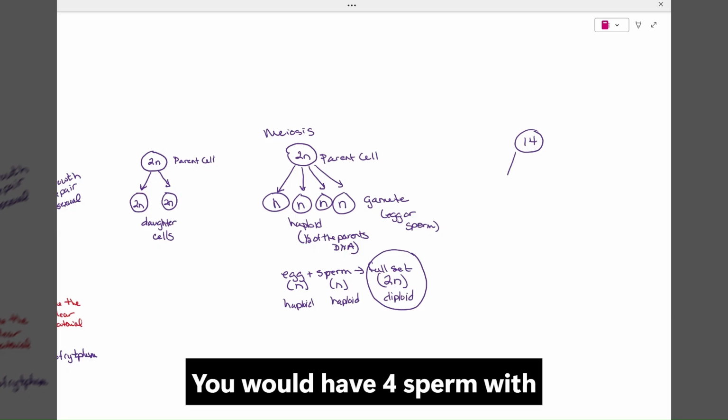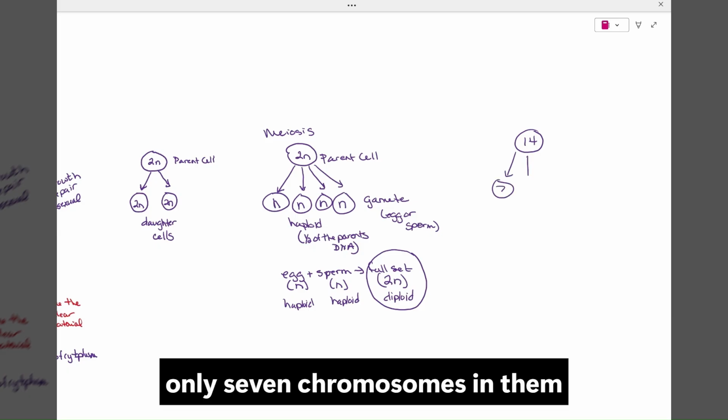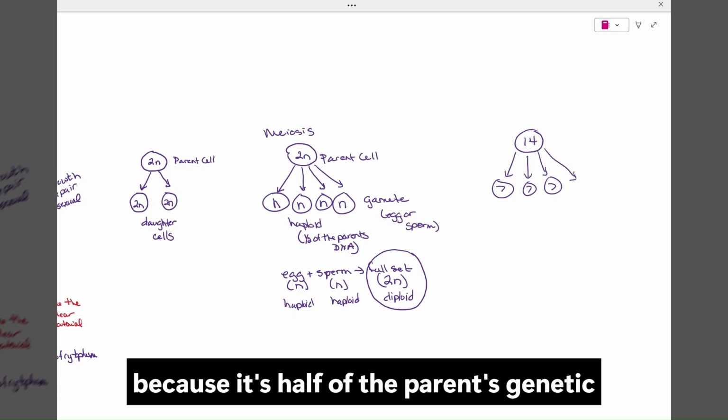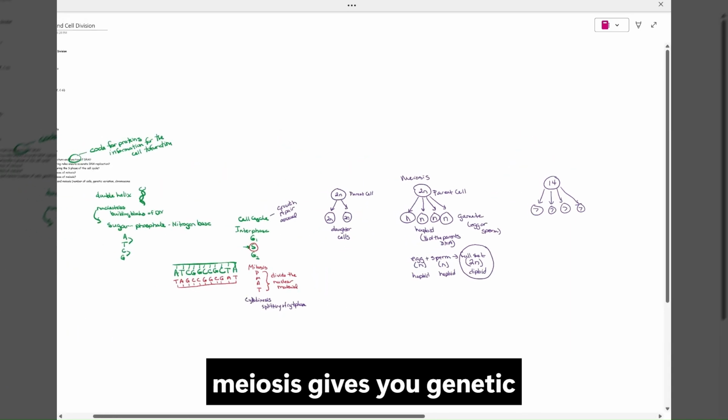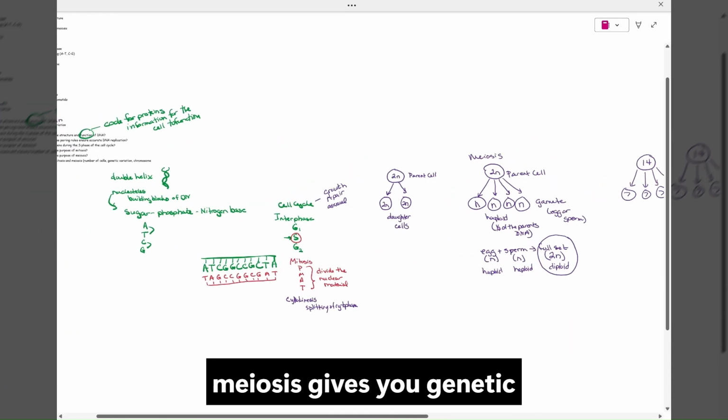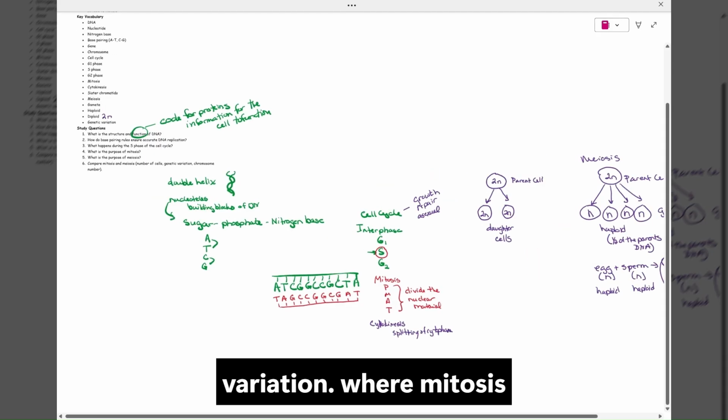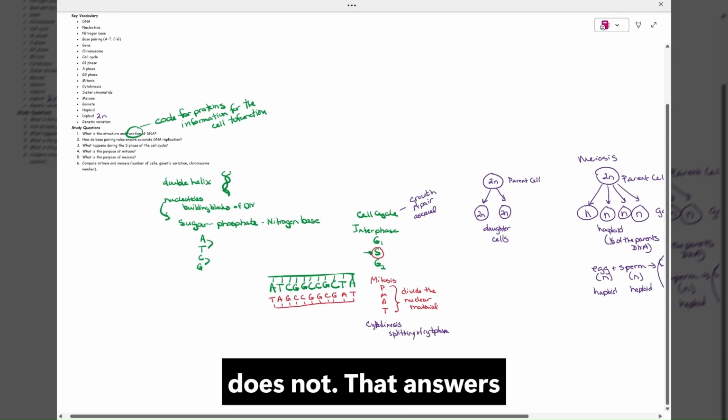You would have 4 sperm with only 7 chromosomes in them because it's half of the parent's genetic information. All right, so meiosis gives you genetic variation, where mitosis does not.